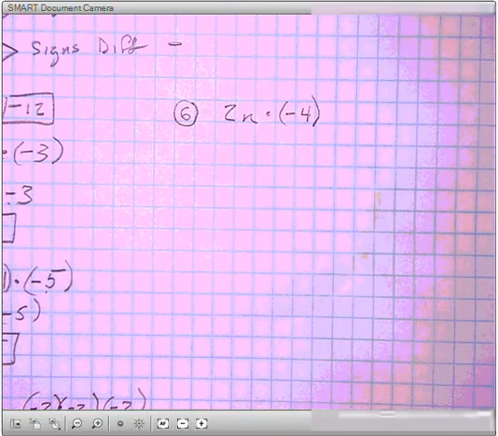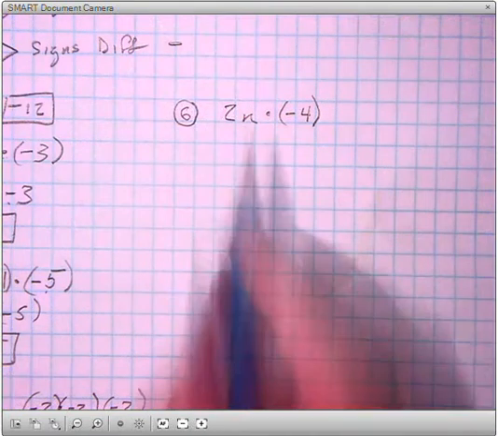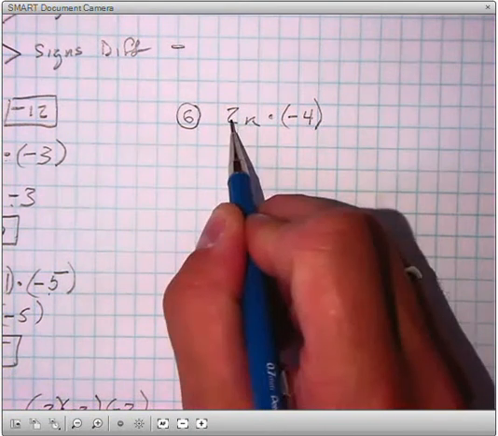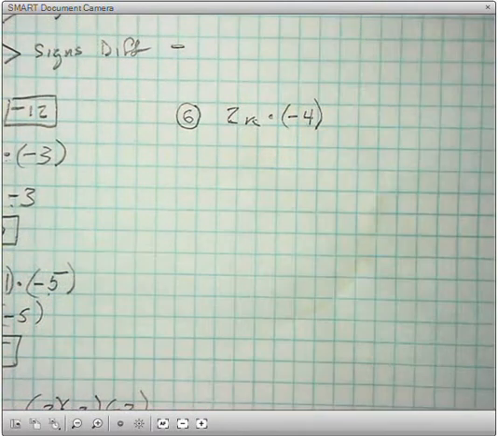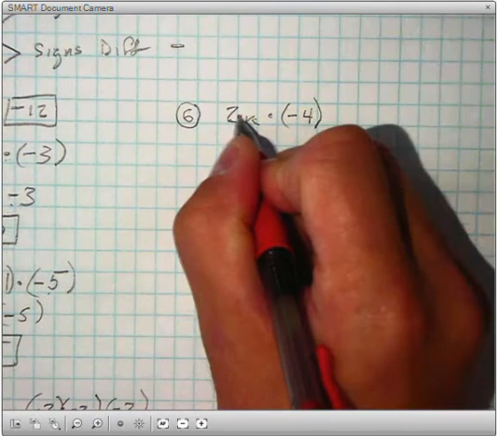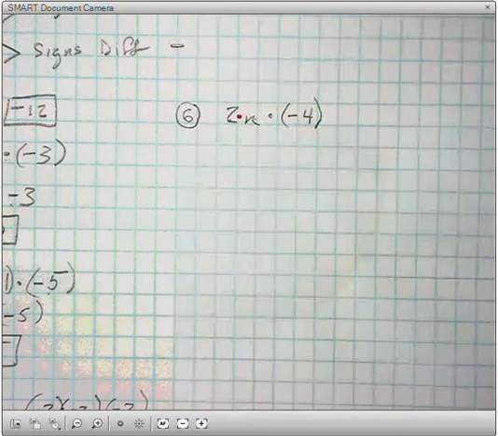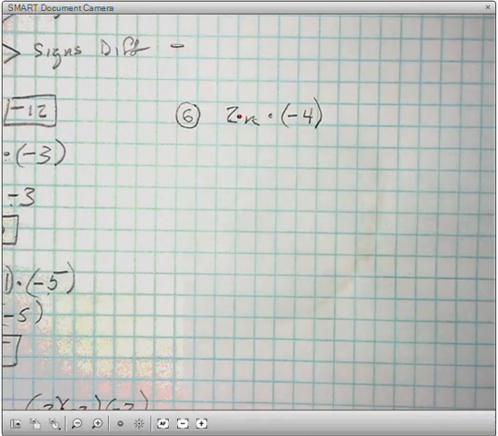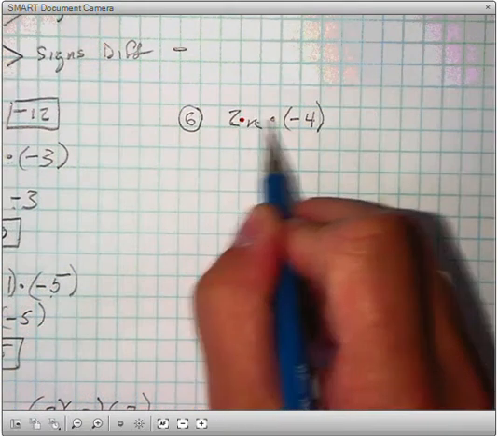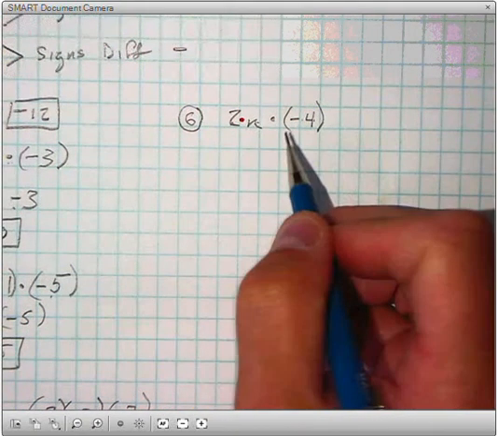We don't know what the value of n is. What operation happens when there's a number and a letter next to each other, Julian? Yeah, that's the same as multiplication. The commutative property of multiplication says that the order of those numbers doesn't matter.